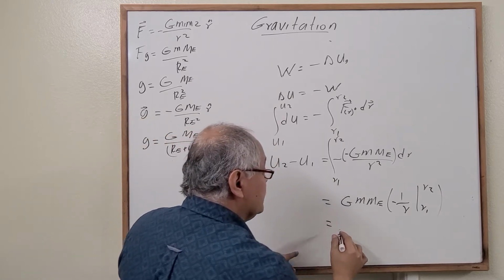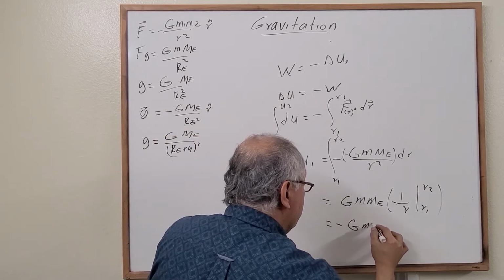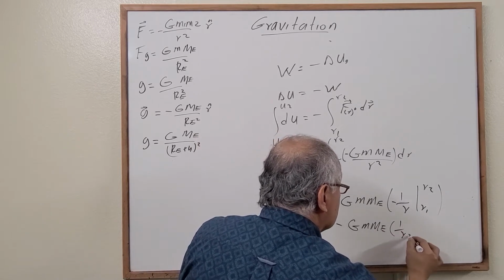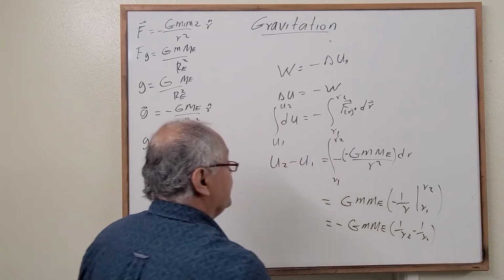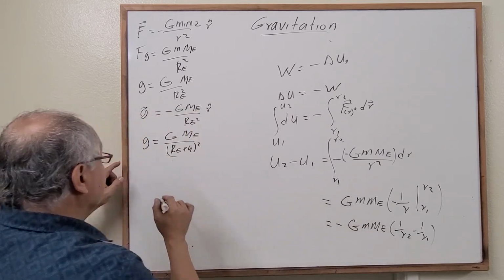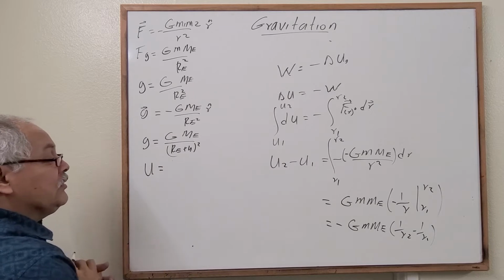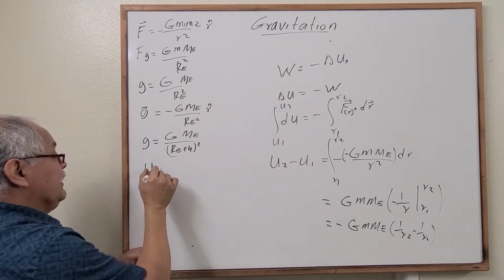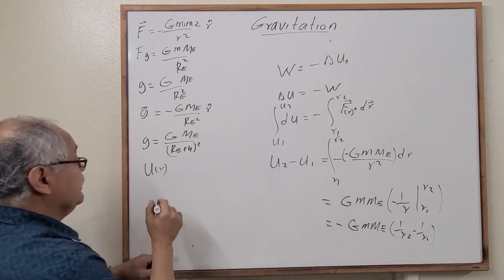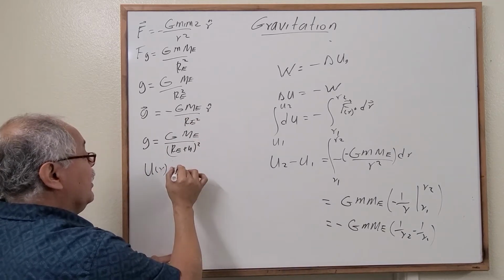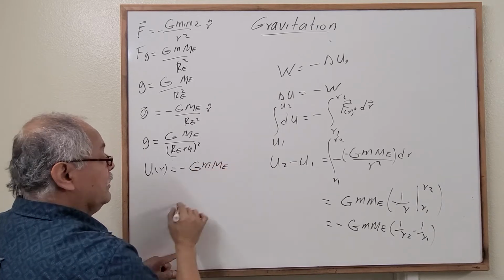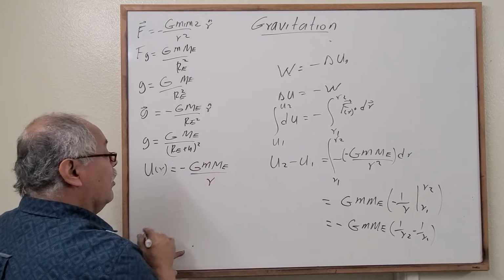And this is equal to negative G times the mass of the Earth, times 1 over R2 minus 1 over R1. When we compare this to this, we can see that in general, the gravitational potential energy, which depends on R, is equal to negative G times the mass of the Earth, divided by R.